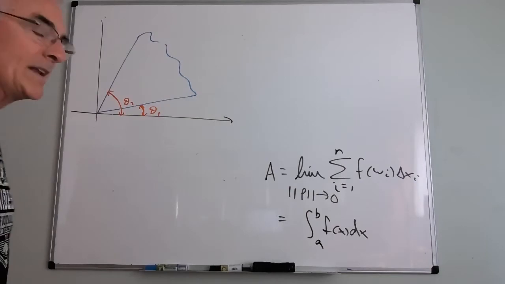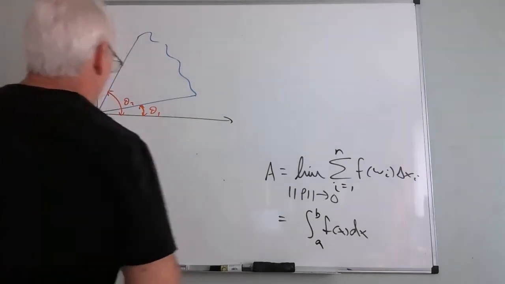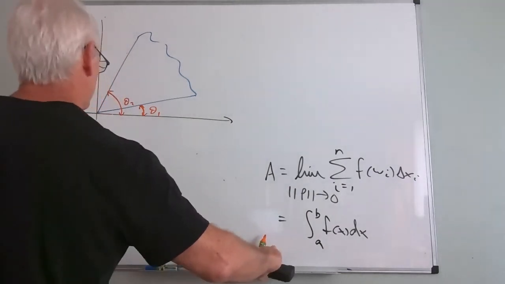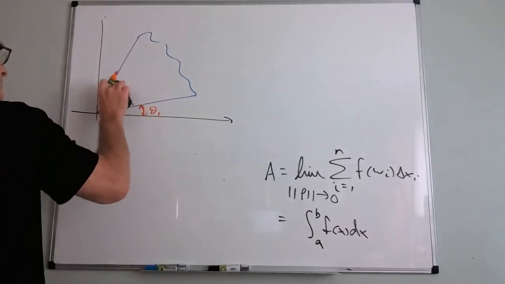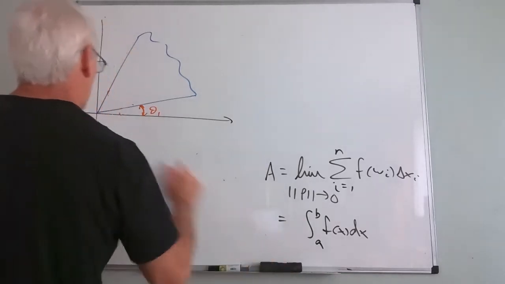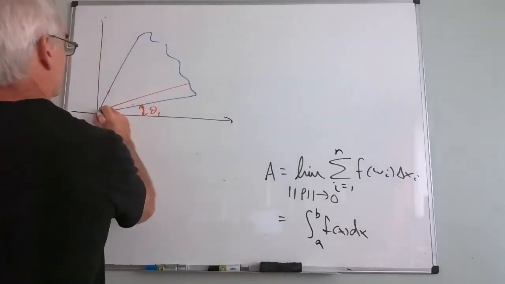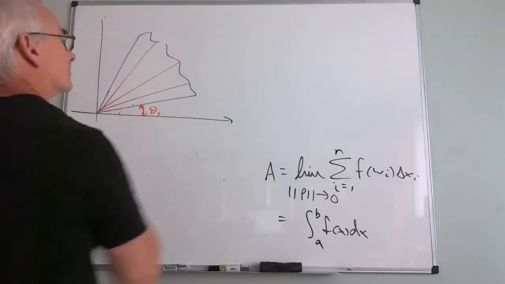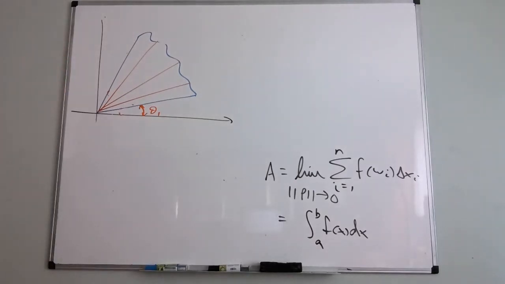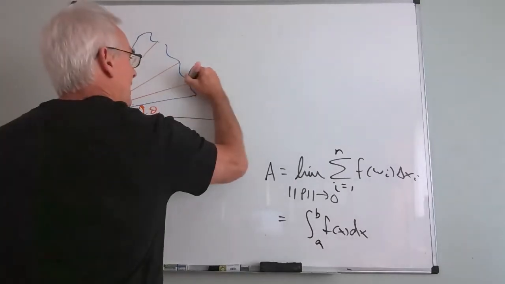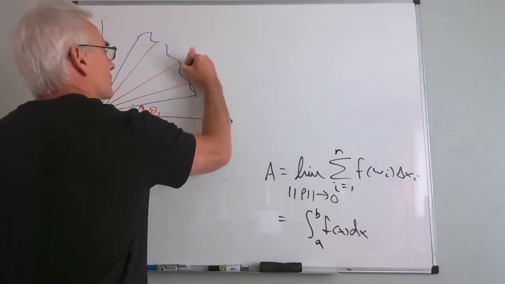Oh, but what if instead I said, let's consider... I'm going to erase, I don't need this. Erase that picture for a moment. Like this. And instead of rectangles, what if we see little curves here?